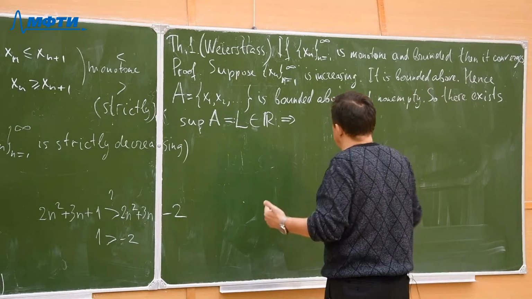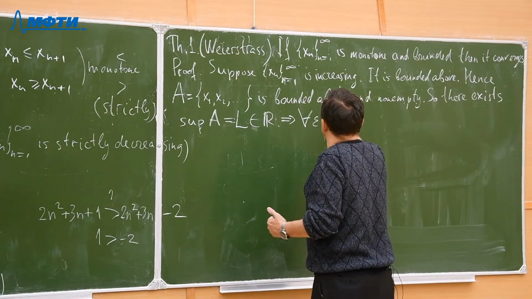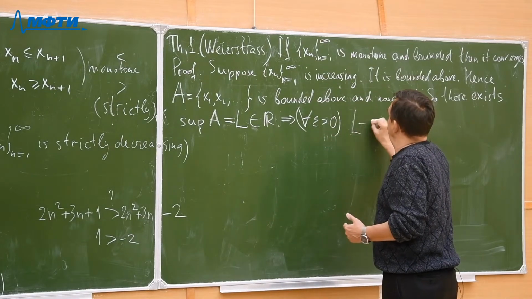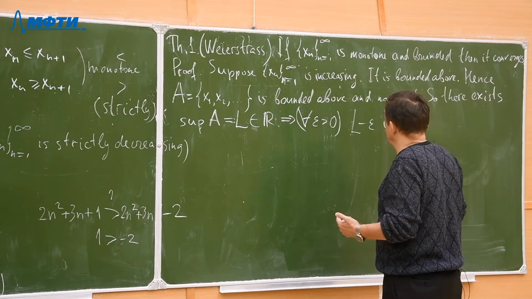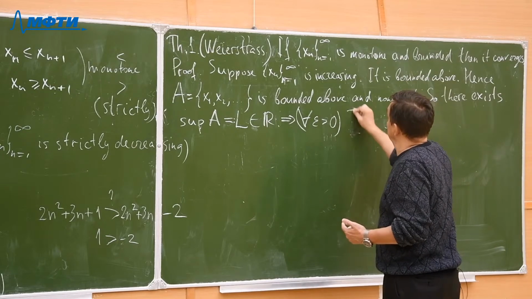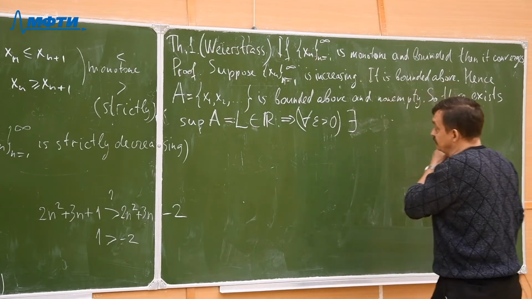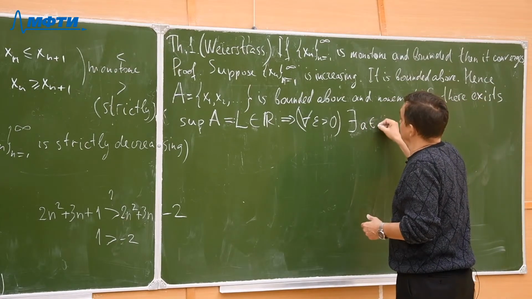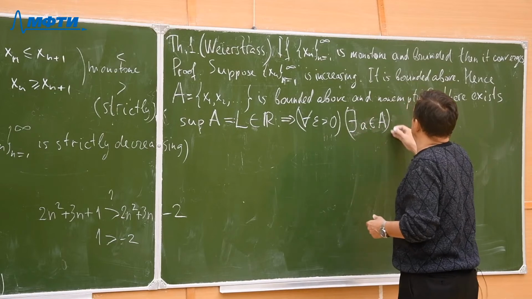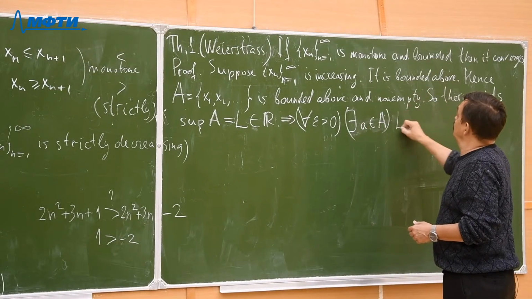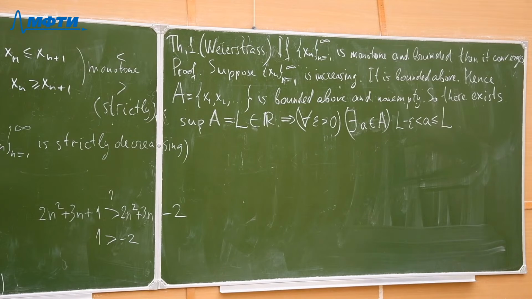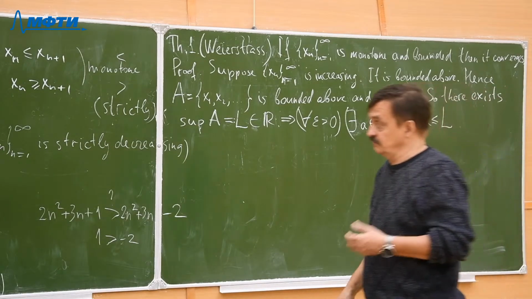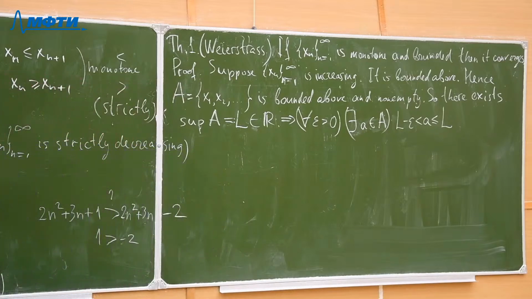It means that for arbitrary epsilon greater than 0, L minus epsilon is not an upper bound, hence there exists an element of A, let's say a in A, such that L minus epsilon is less than a, which is less or equal to L. That is according to the definition of the supremum. So this is the least upper bound.